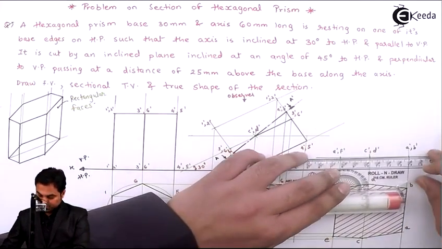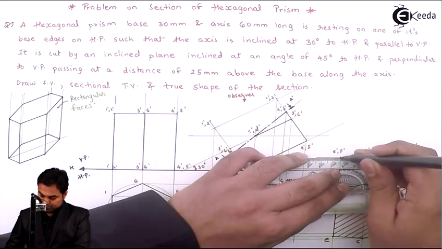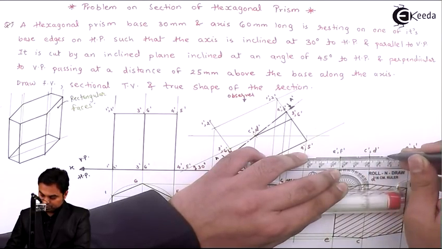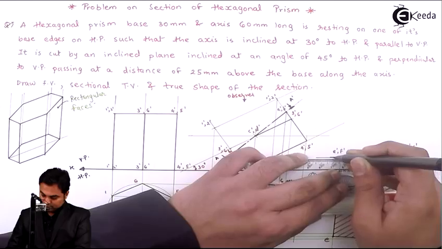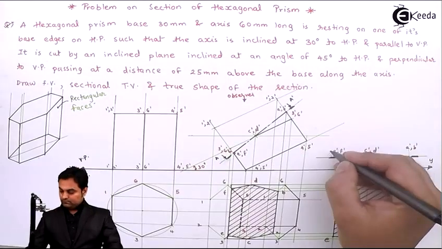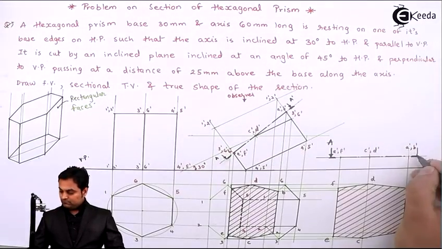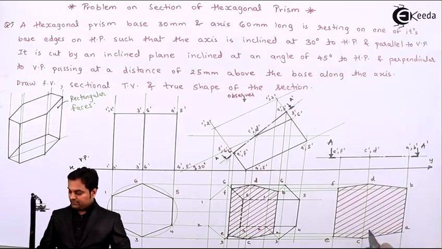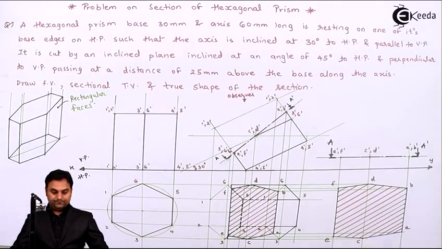Drawing the cutting plane dark. A dash, this is the true shape of the section.